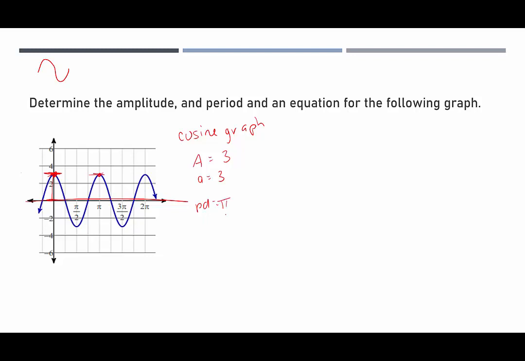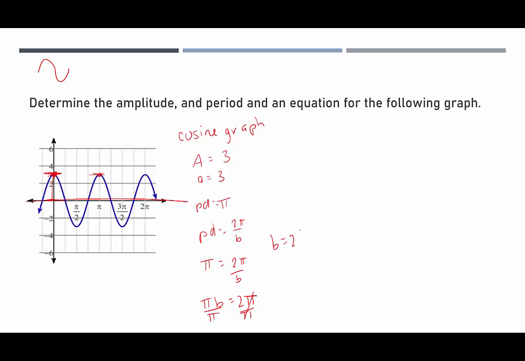If we're going to write the equation, then we need to figure out the value of b. So remember, the period is determined by 2 pi divided by b. In this case, we need to figure out b, so we plug in for the period. We would have pi equals 2 pi divided by b. We can multiply both sides by b to get rid of the denominator, and divide both sides by pi to isolate b, and it looks like b equals 2.